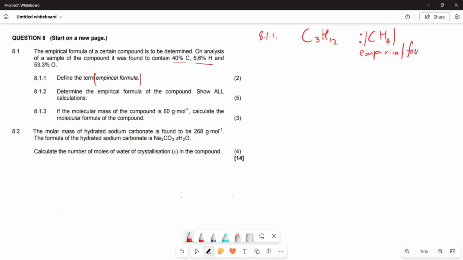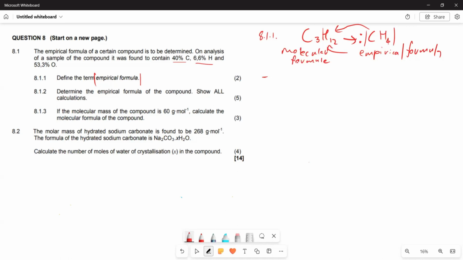This is going to be your empirical formula, while this one here now becomes your molecular formula. Can you see that this is the simplest whole number ratio that still represents your compound, because this is your compound, but this one is written in its simplest ratio? I just wanted to highlight that. So how do we define it?